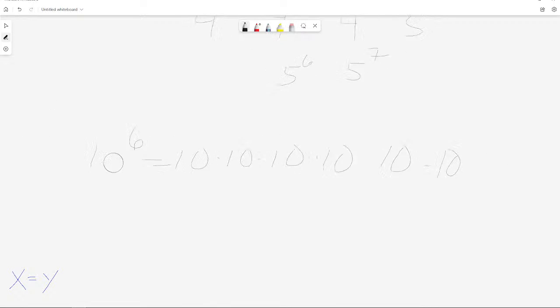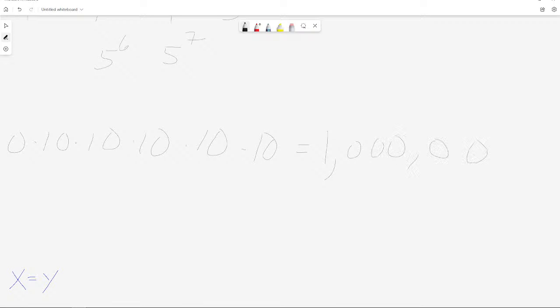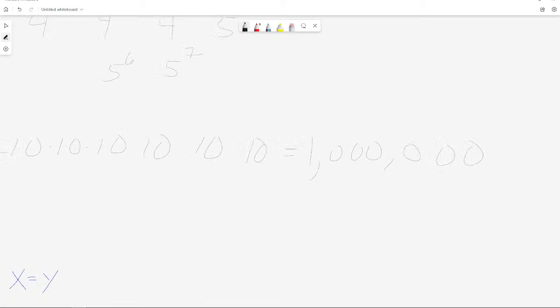Now, an easy way when you're working with exponents of 10 is you're just going to have 1 and then the number of zeros. 1, 2, 3, 4, 5, 6. There you go. The answer, 10 to the 6th, is 1 million.